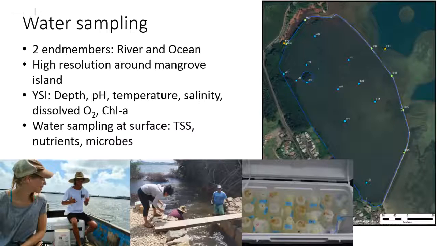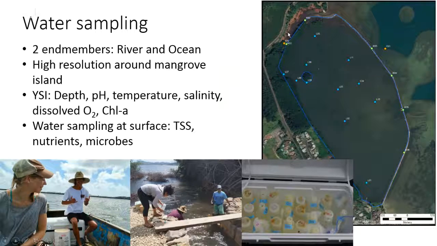So we also collected water samples. On the right, you can see the stations that we sampled. So we went with a boat. We had these interior stations, and it was really important to us also to go along a transect from one of those freshwater sources to the new mākāhā channel to really see how the geochemistry changes along this transect.